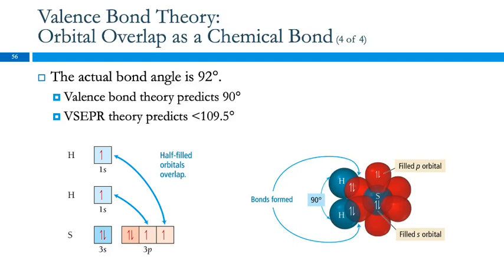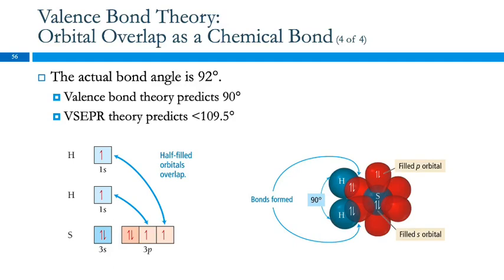Those are like the dumbbell shapes, 3 perpendicular. So this one's full, that's this guy right here. This one's half-filled, and it's going to overlap with the half-filled orbital of hydrogen. And then this one is going to overlap with the half-filled orbital of hydrogen. So we got these half-filled orbitals, and they're going to overlap with each other to make pairs.